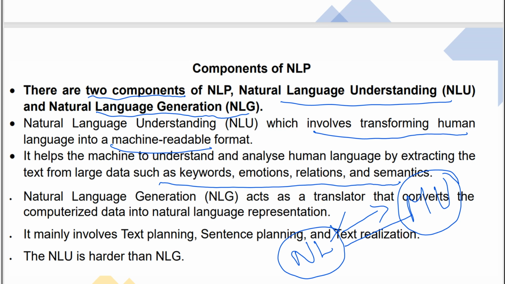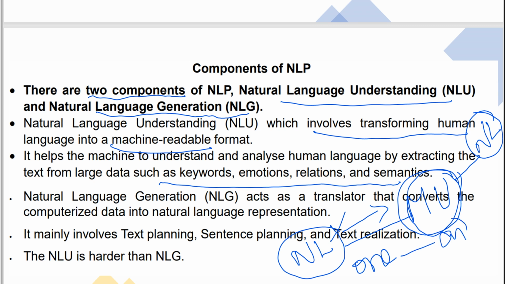Okay, then coming to natural language generation. Here simply this acts as a translator. Once the machine understands what they are trying to say and what the input is, it converts the computerized data into natural language representation. That means it converts to the natural language, one language to another language.